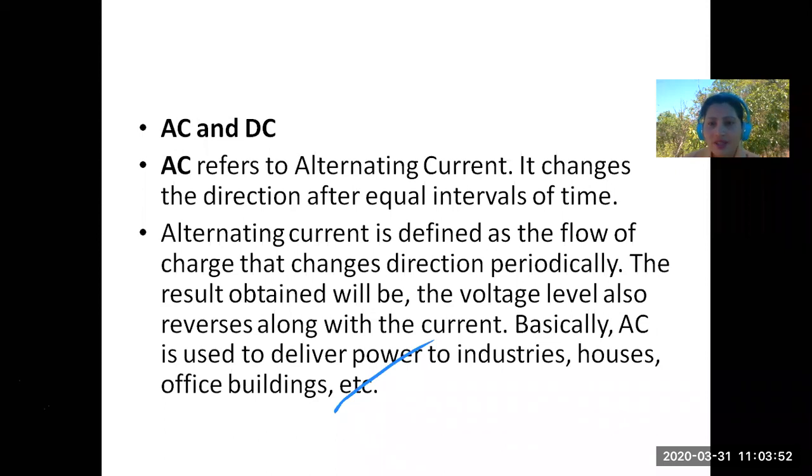So do you know what kind of current is at your homes? Is it AC or DC? It is AC, very good. So at houses, industries, offices, all of those use AC, alternating current.